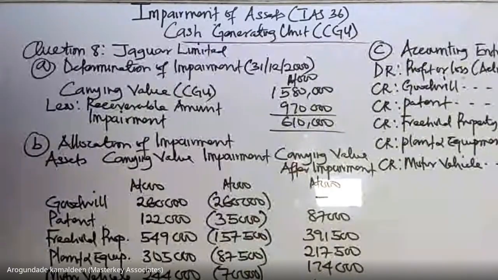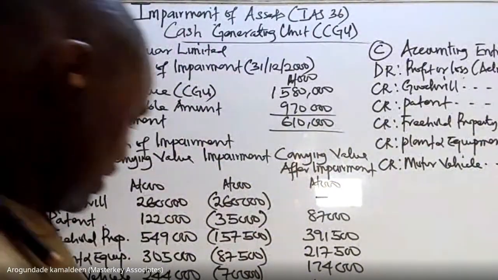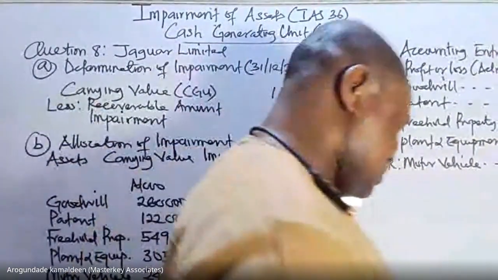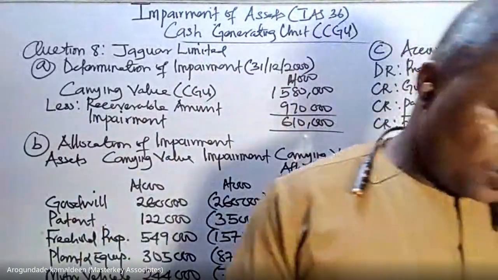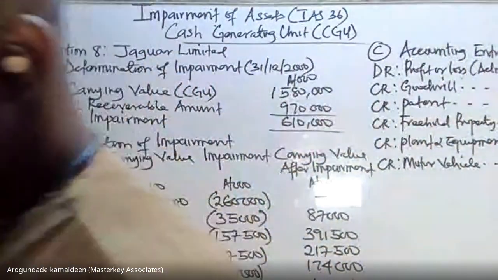Let's see. On 1st of January 2000, Smart Company PLC acquired Stream Limited, a company that operates a scenic railway along the coast of a popular tourist area.